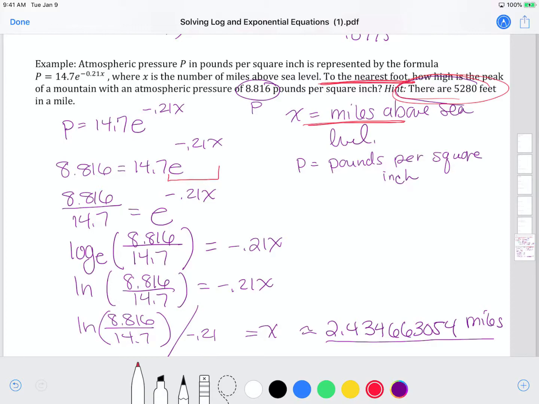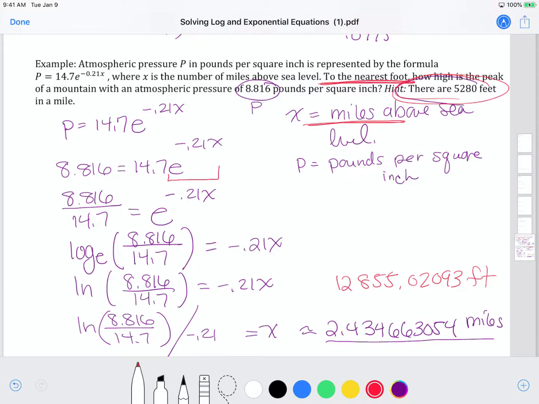So all we have to do is take our answer of 2.434663054 and multiply that by 5,280, and we'll get our answer in feet. So our answer in feet would be 12,855.02093.